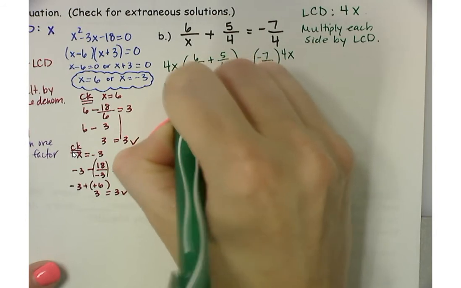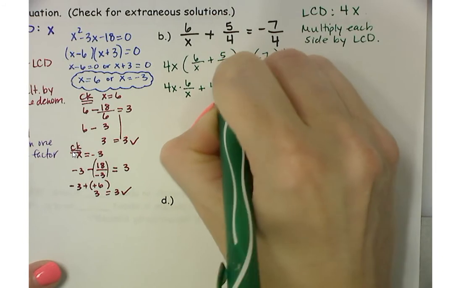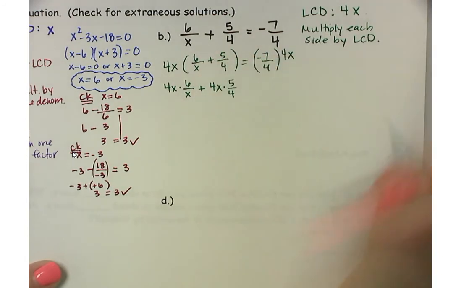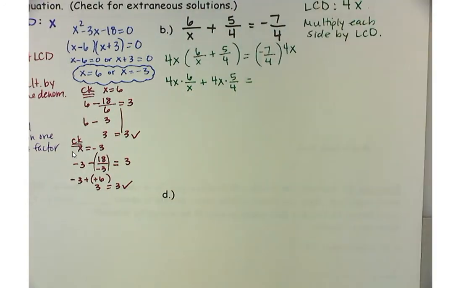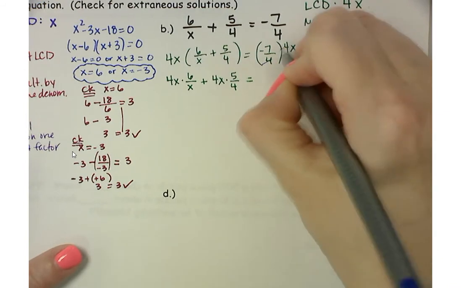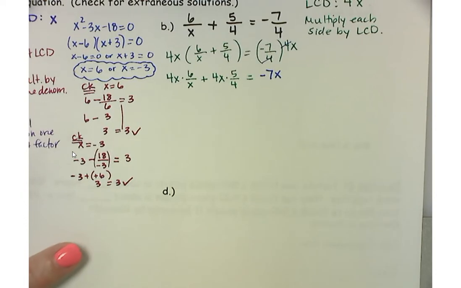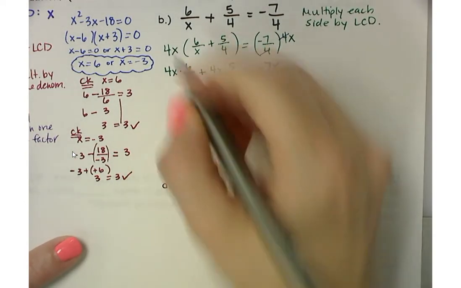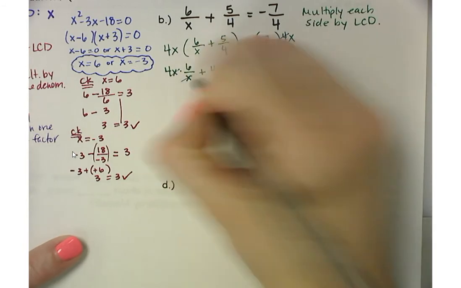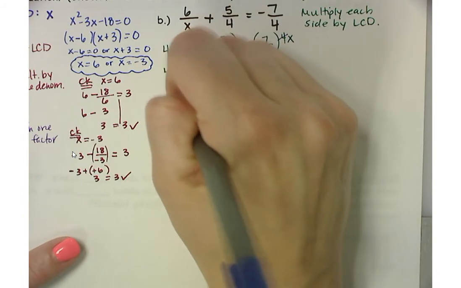When you multiply here, the 4 and the 4 are going to cancel, and you'll have negative 7x. Okay, when you multiply here, this is x divided by x, so those are going to cancel. You'll be left with 4 times 6, which is 24. And then here, the 4's will cancel, and you'll be left with 5x equals negative 7x.